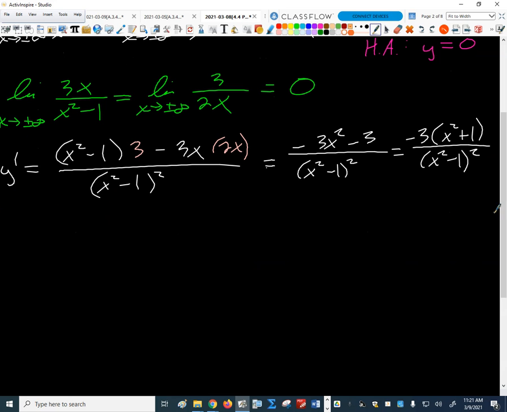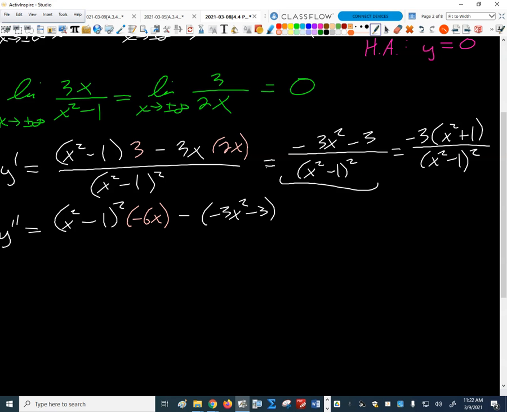Second derivative. So how about if we just go from here? We'll use that version right there. Okay, so if I just differentiate using the quotient rule, I'm going to get x squared minus 1 squared times the derivative of the top, which is negative 6x, minus the top times the derivative of the bottom.